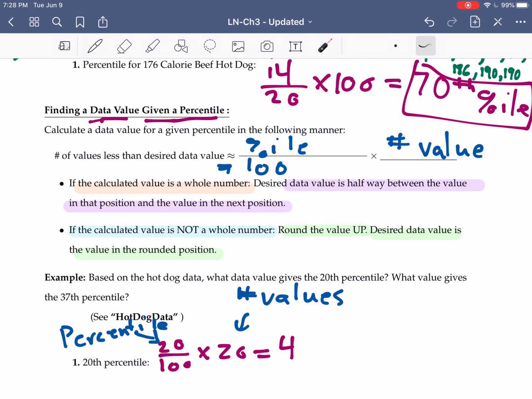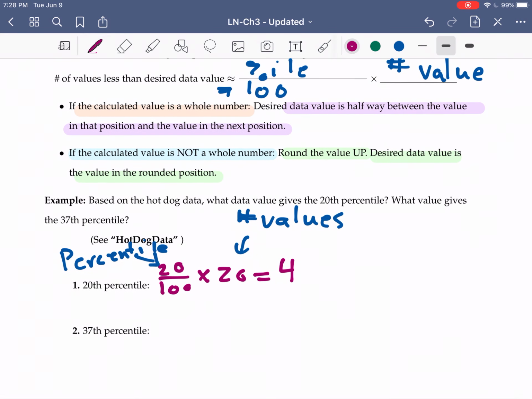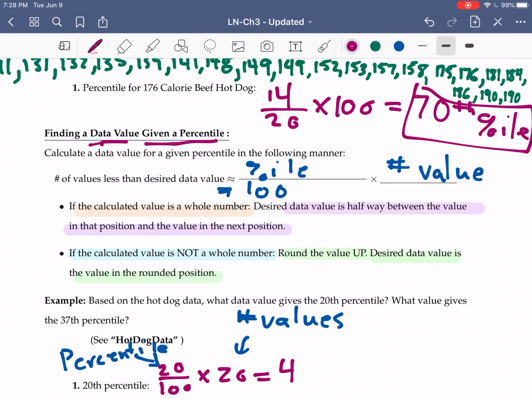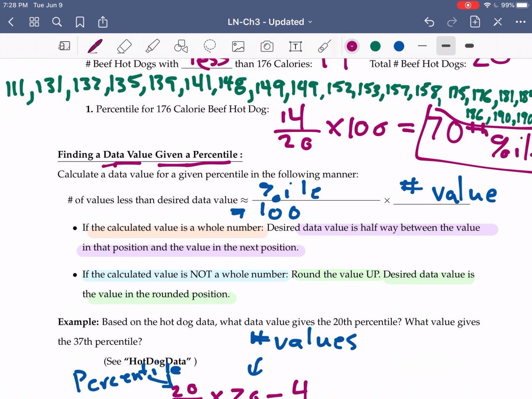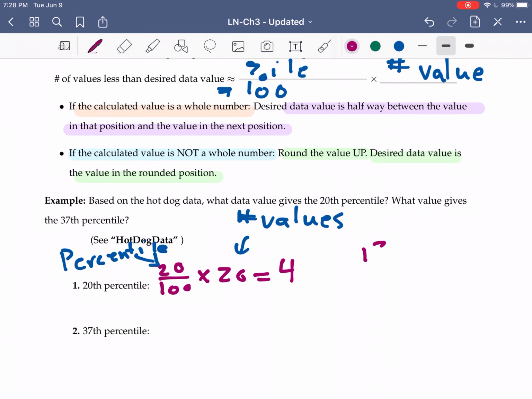So it's not 4.5 that's the percentile, but we're going to take the value in the 4th position, 4th from the lowest. So here we have 1, 2, 3, 4. So 135 and 139, those are the values in the 4th and 5th position. We're going to take those two values, 135 plus 139, add them together and divide by 2.